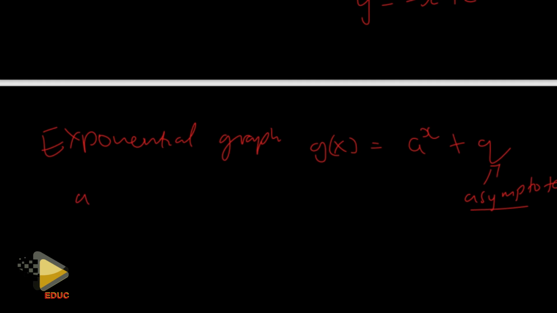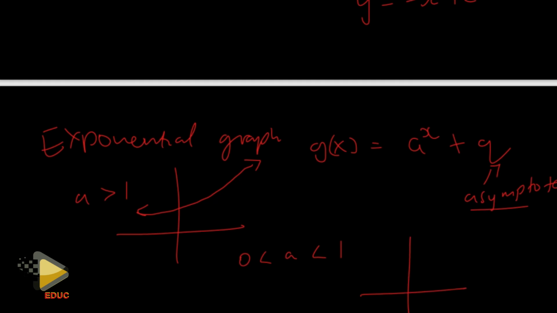Now, if a is greater than 1, then the graph is increasing. Okay, but then if a is between 0 and 1, which means it's a fraction, then the graph will be decreasing. So this will be the shape. So you just have to pay attention to the shape and what exactly happens.